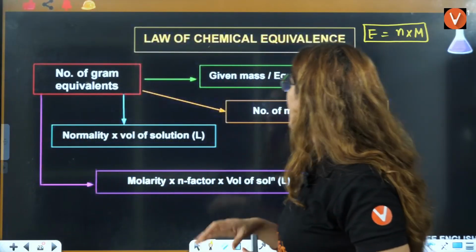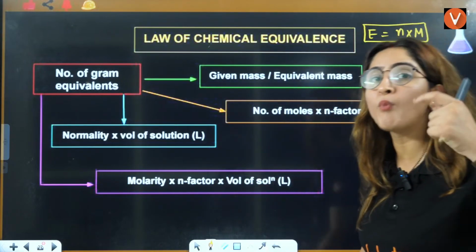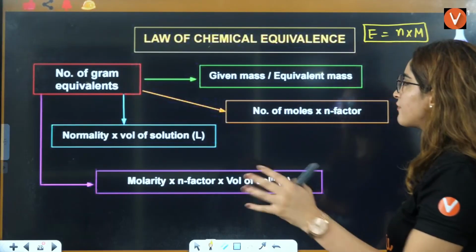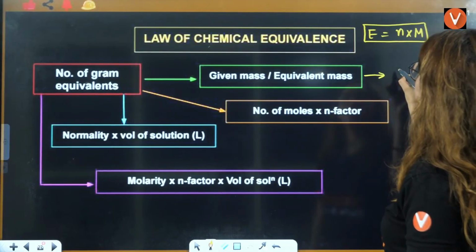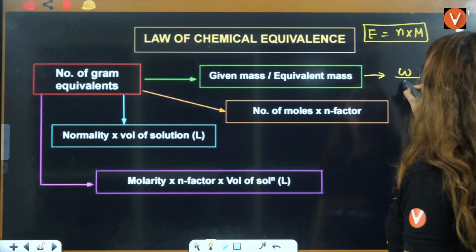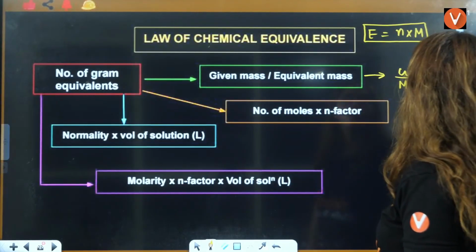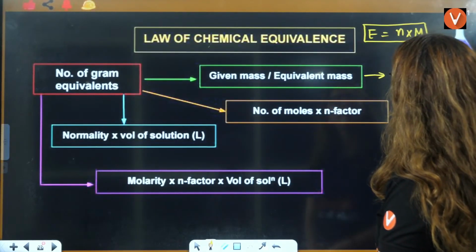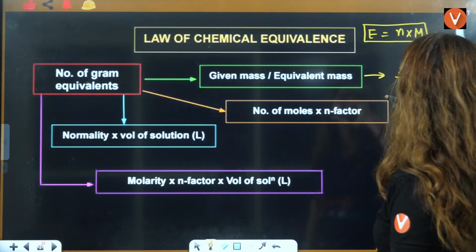Now, equivalent weight equals molecular weight divided by n, where n is the valency factor. Wait a minute.